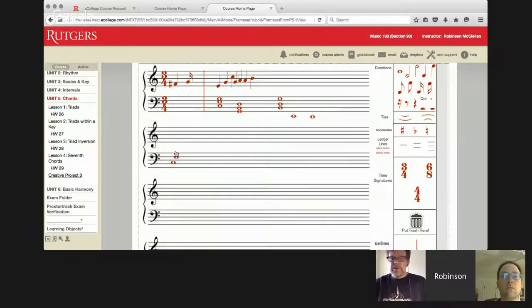Does anybody want to throw up the exact chord she's talking about? I see Robin messing around on the staff tool there, sort of building it just so people know what she's looking at. I don't know if she said whether it was an inversion or not, but I'm just going to make it root position.